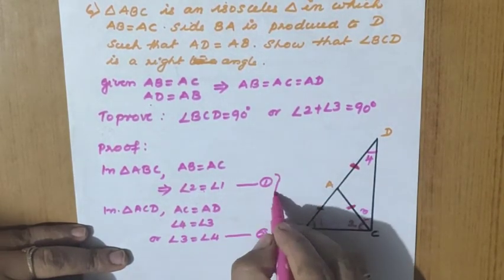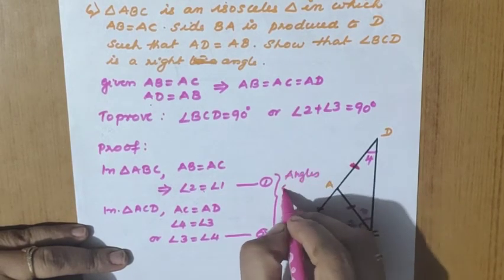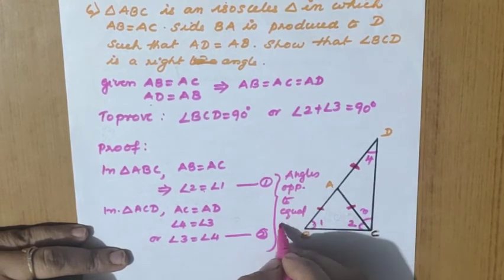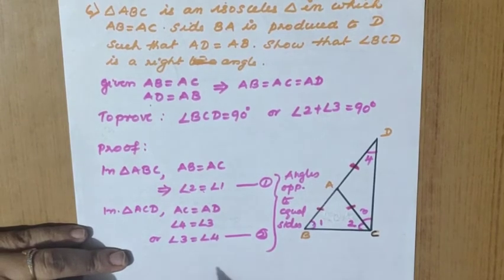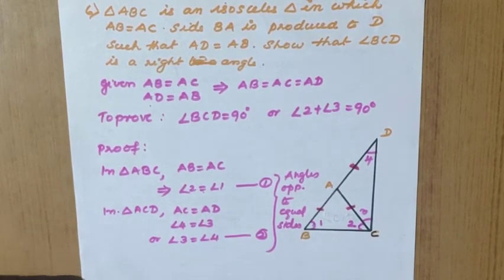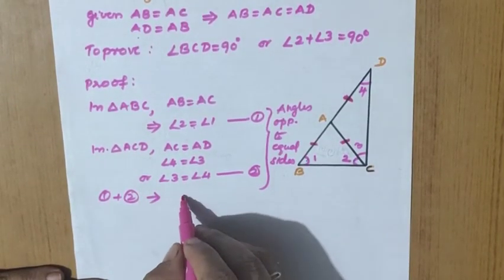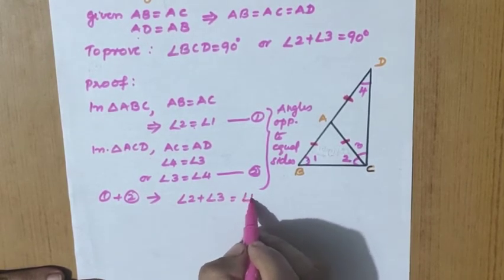So now together what is the reason? We can write angles opposite to equal sides. Now this 1 plus 2 we will add. Angle 1 plus 2 we will add means angle 2 plus 3 equal to angle 1 plus 4.